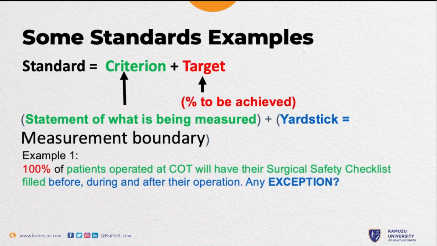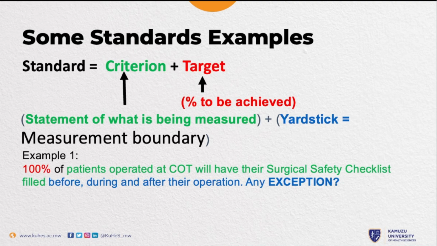An example of audit standard: 100% of patients operated at operating theater will have their surgical safety checklist filled before, during, and after the operation. All right. So in red, that is the target, 100%. In green, that's the criteria.